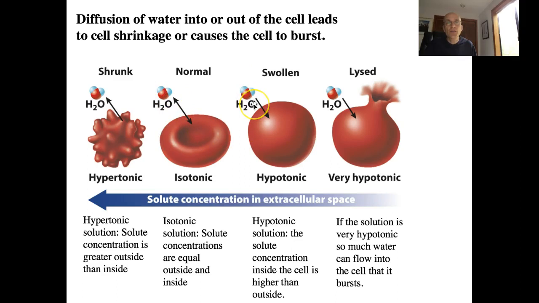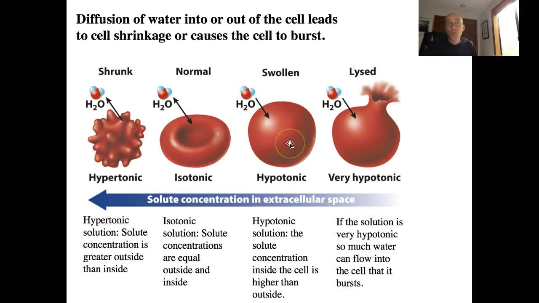Now, if it's reversed and you put these cells that have some salts inside into hypotonic solutions, such as distilled water that's completely clear of all kinds of salts, then suddenly the concentration is the other way around, right? There's now more salt on the inside, and so water will try, like it always does, to dilute this until it's the same concentration.